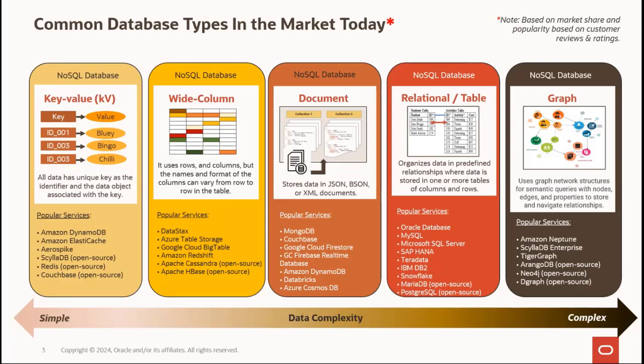Finally, we have graph databases, very specialized, and you can certainly use the Oracle NoSQL database as a graph database if you so choose. So there are really a lot of different styles, flavors, techniques and ways that you can use the Oracle NoSQL database.